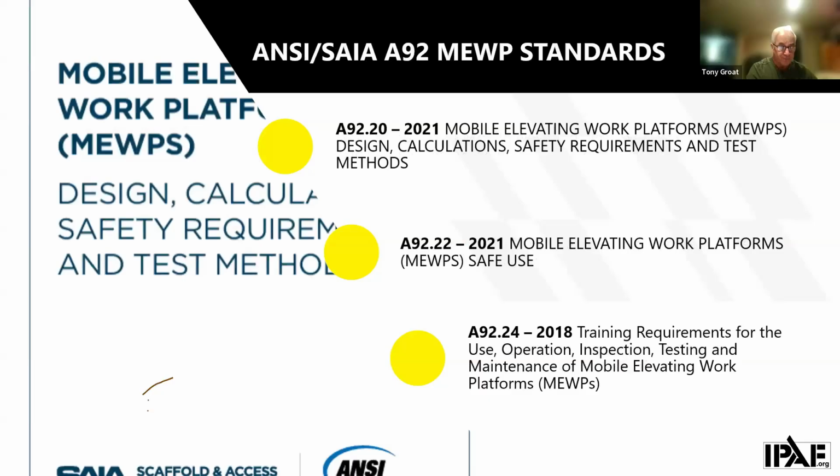So in the ANSI standards, we end up having the A92.20, that, as you can see, -2021. So that was republished in 2021. A92.22, the safe use standard, was republished in 2021 as well.